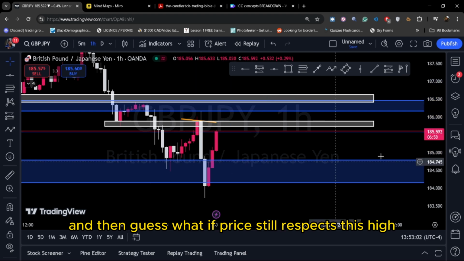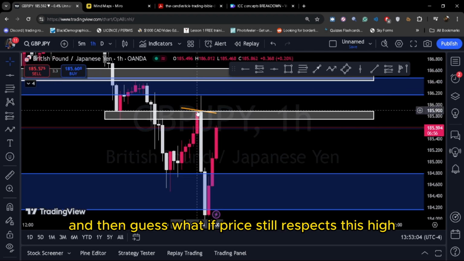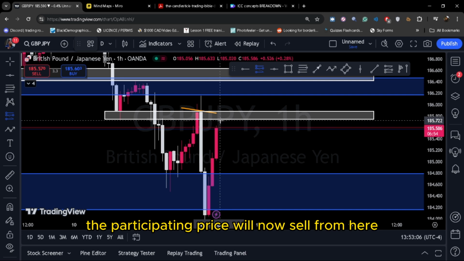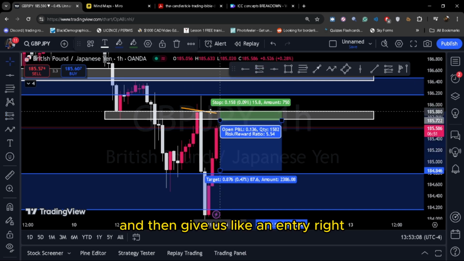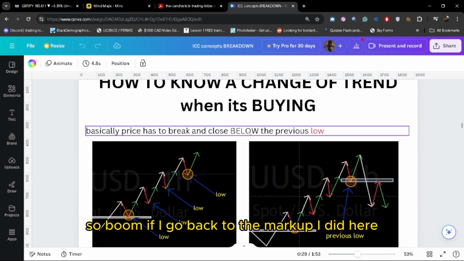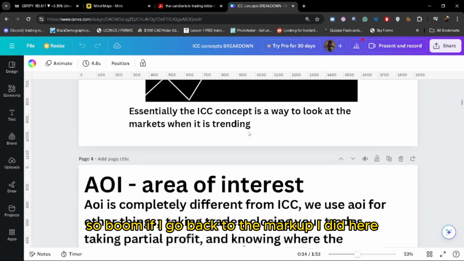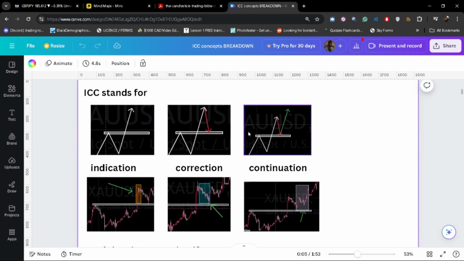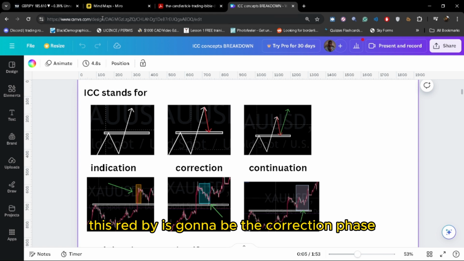And then guess what? If price still respects this high, then we're anticipating price will sell from here and give us an entry, right? So in this case, this would be the correction phase. If I go back to the markup I did here, as you can see, this red bar is going to be the correction phase.